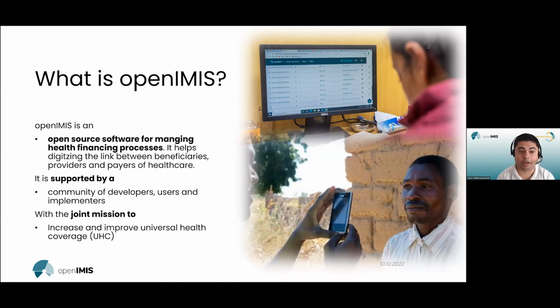So basically, it helps you digitize the link between beneficiaries, providers, and payers of healthcare. Not only is openIMIS a software, but it is a community of practice supported by a community of software developers, users, and implementers from all across the world. And of course, the joint mission is to increase and improve access to UHC.